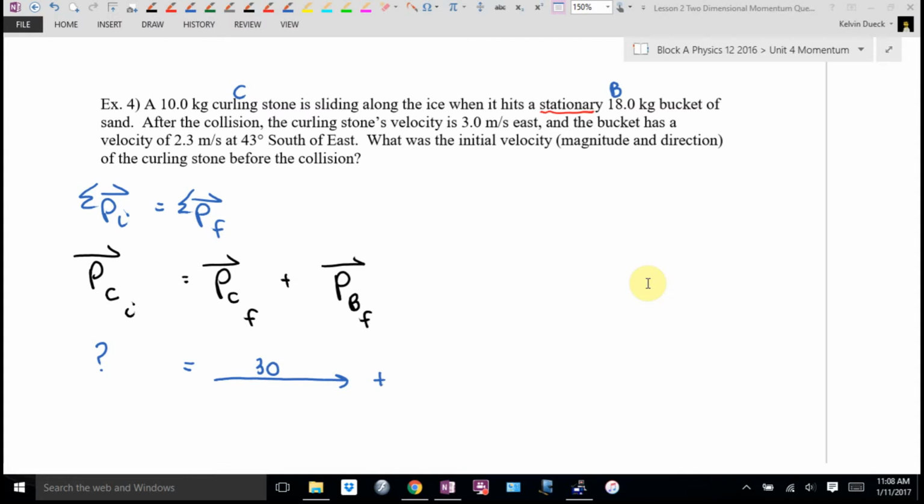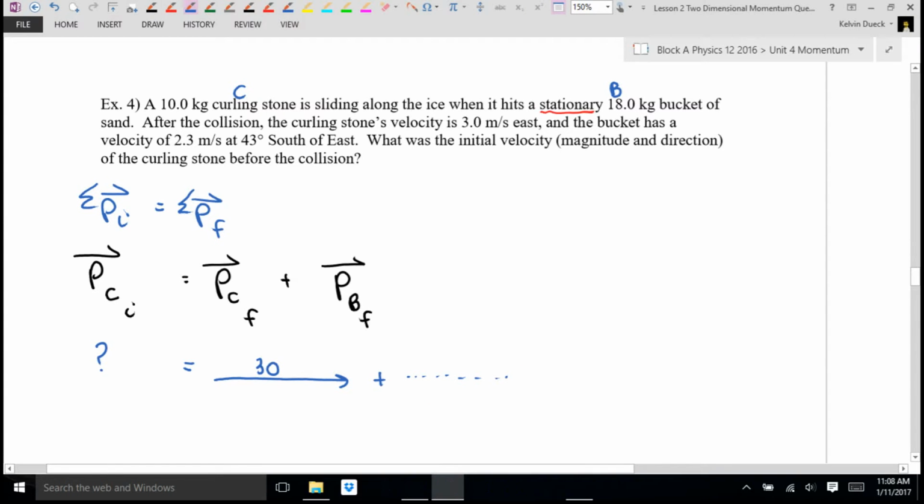South of what? East. What am I going to draw first? East. How many degrees south? Which is about there. So 43 degrees goes there.